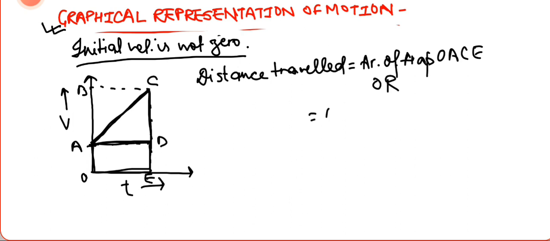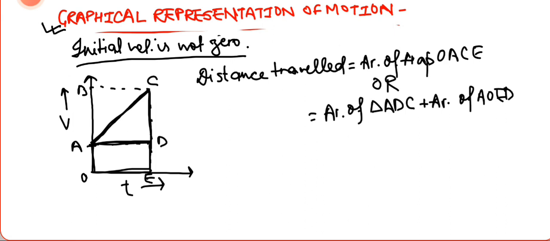So this can also be written as area of triangle ADC plus area of rectangle, that is AOED.